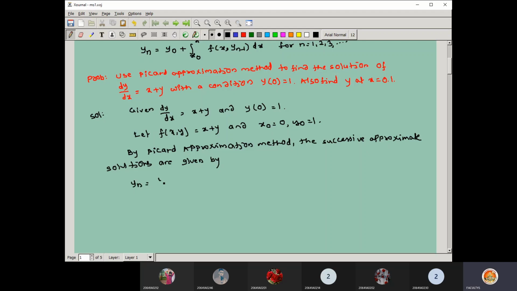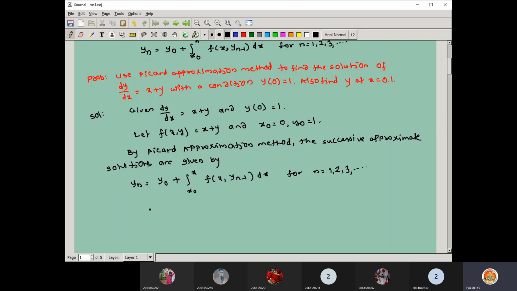It is yn equal to y naught plus integral over x naught to x, just it is f of x comma y n minus 1 of dx for n is taking the value 1, 2, 3 and so on. This is a standard formula given by Picard.